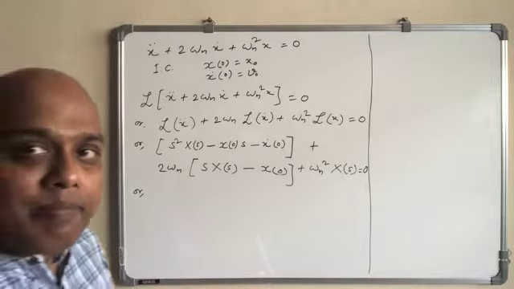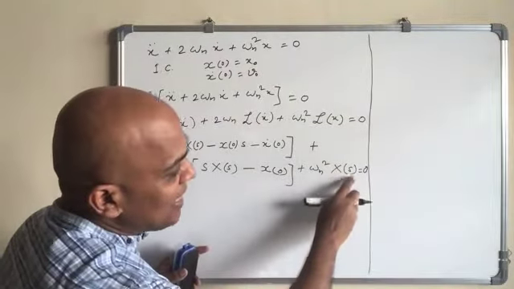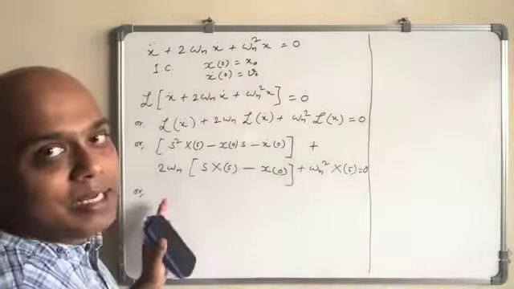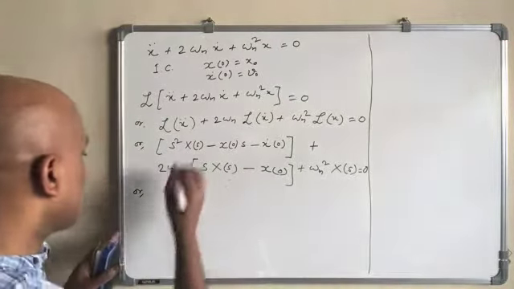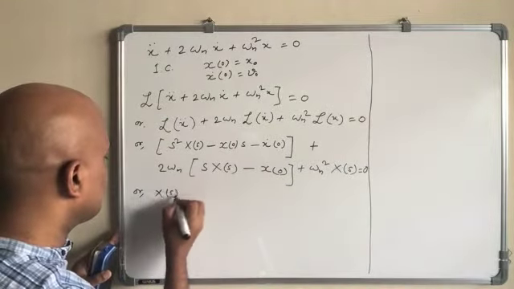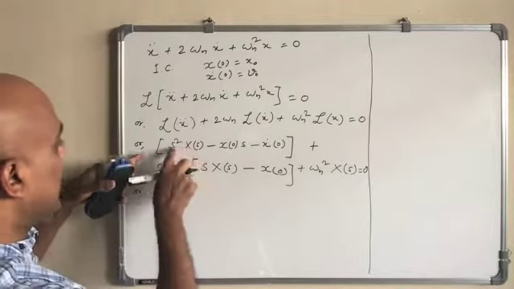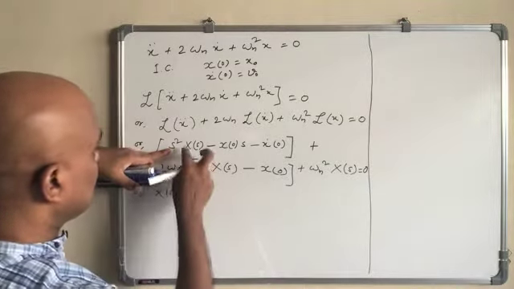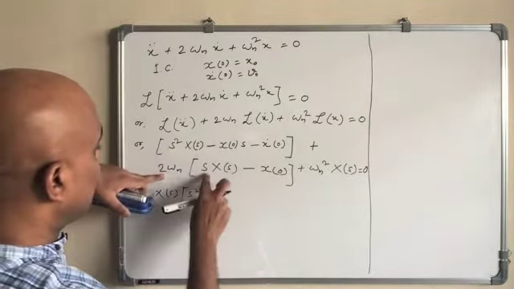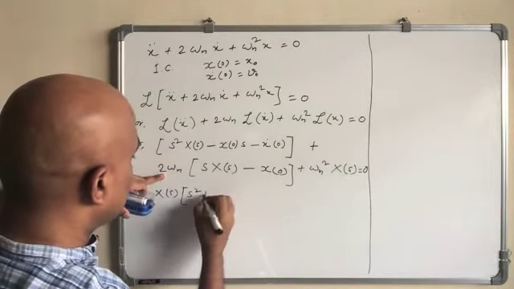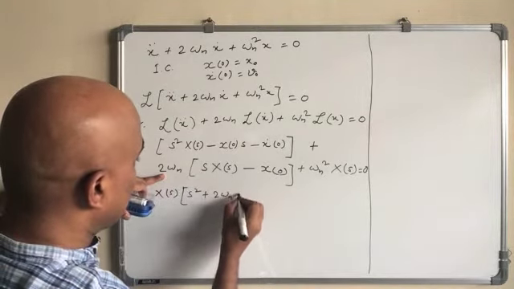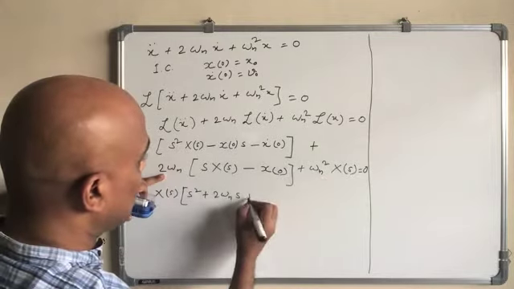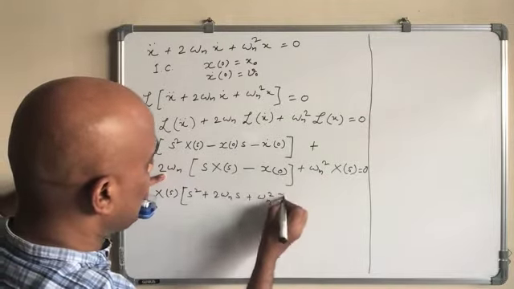Now all the coefficients of capital X(s) we will keep on the left side, and all the others will go to the other side. So X(s) is common, and then we have s square, from here plus 2 omega n s, and from here omega n square.